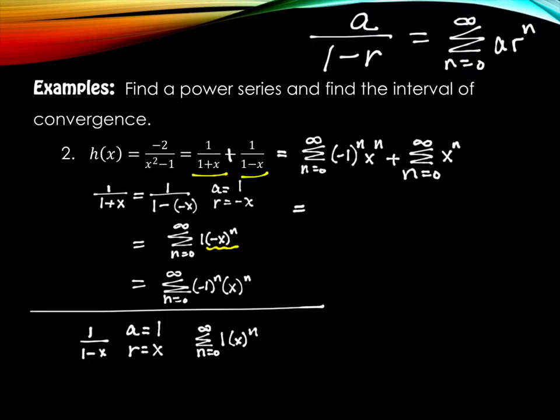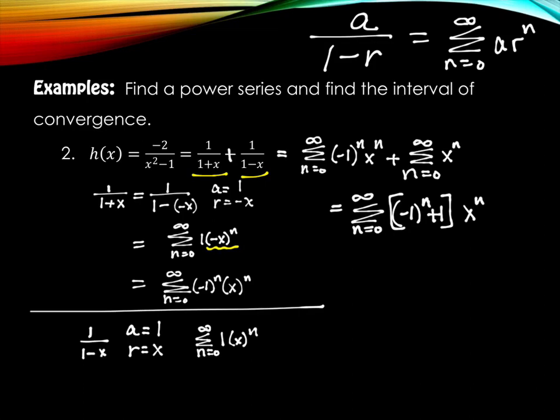So I can rewrite it as one larger series: negative 1 to the n plus 1, and all of this is times x to the n. So I'm taking the coefficients of each of those x to the n pieces and pulling them out, and I have negative 1 to the n plus 1, and then x to the n.